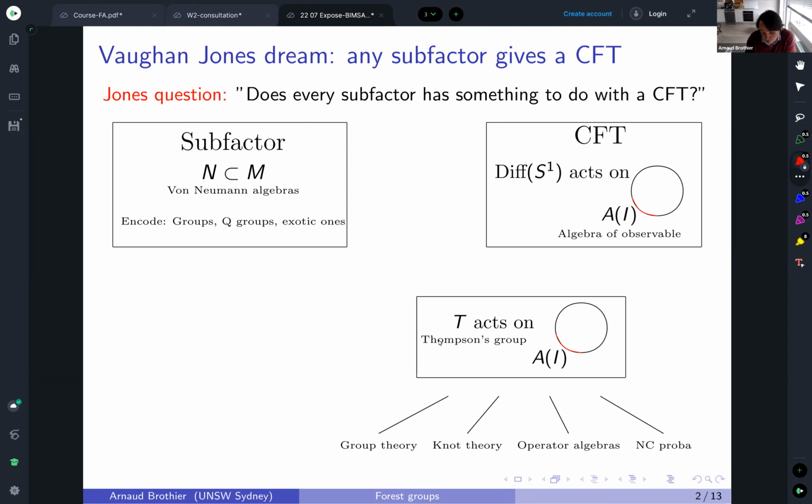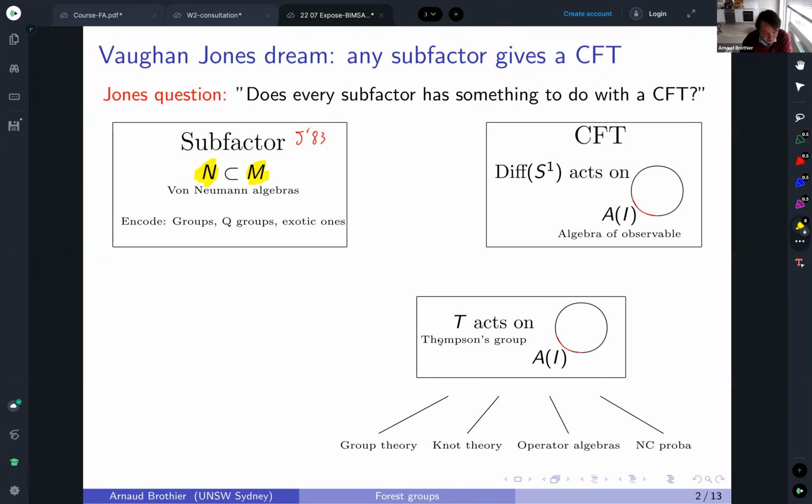Jones initiated the modern theory of subfactors in 1983, in this famous paper, Index for Subfactors. What are subfactors? They are inclusions of von Neumann algebras, as you can see. So they come from functional analysis. These beasts are algebras that have nice analytical properties.